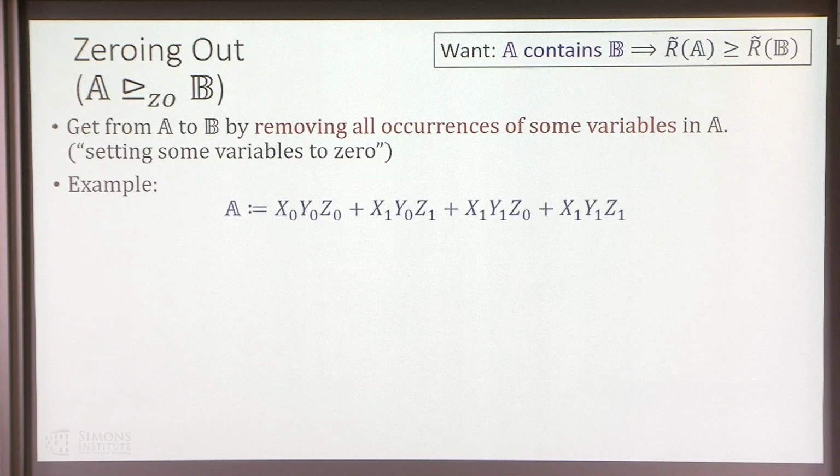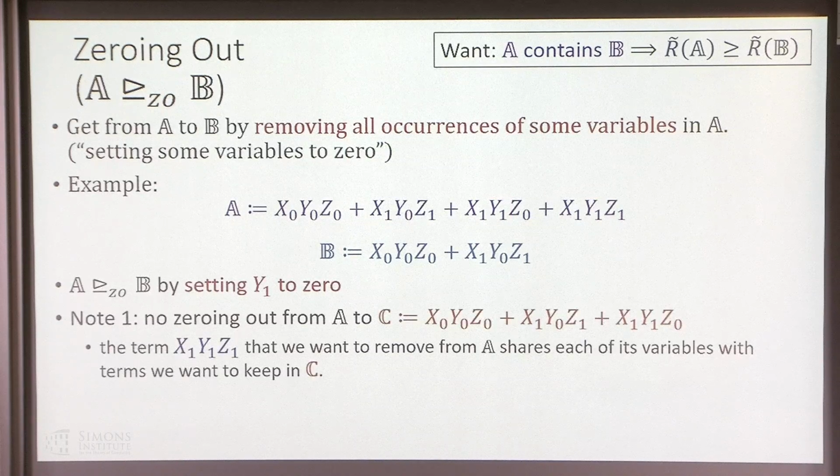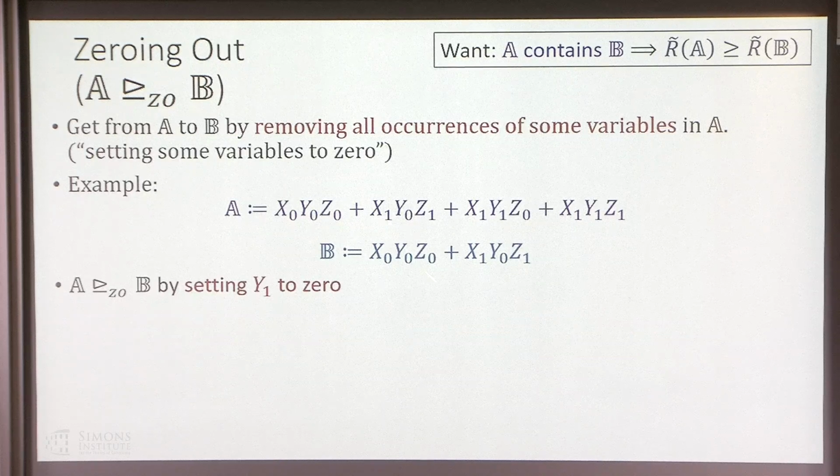So for example, let's say I take this tensor over here, and I can get the tensor B by setting the variable y1 to 0. And this will remove this triple and this triple. So that's what zeroing out means. So I get only these. And note, when you do this, you will get some subtensor of the previous one, but you cannot get any one that you want.